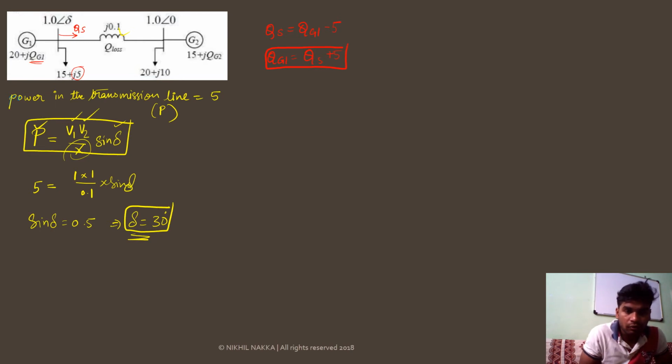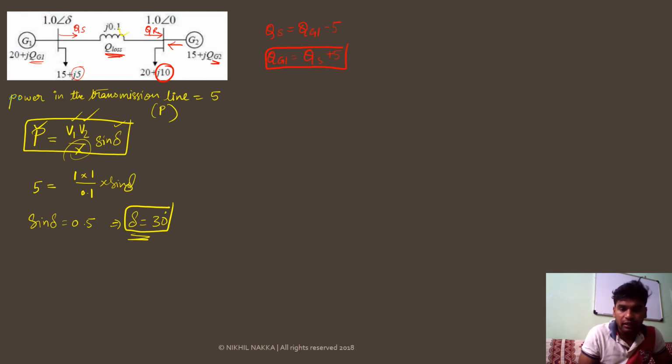Now this Qs, after dropping as Q loss, a reduced Qr will be received at the bus 2. At bus 2 the load is connected, drawing a reactive power of j10, and the generator is also supplying a reactive power of Qg2, isn't it?